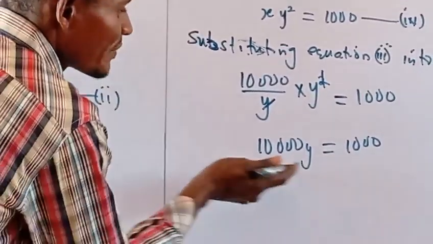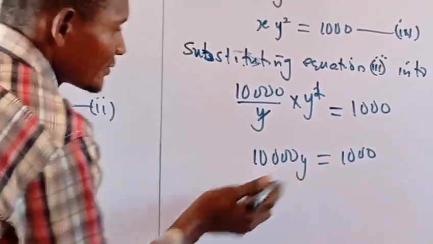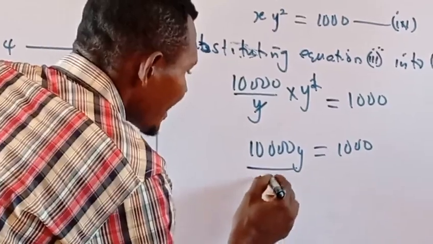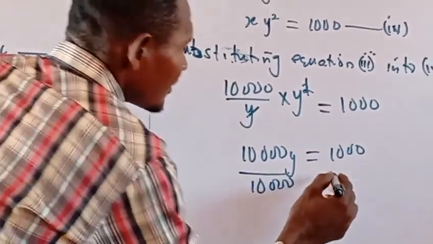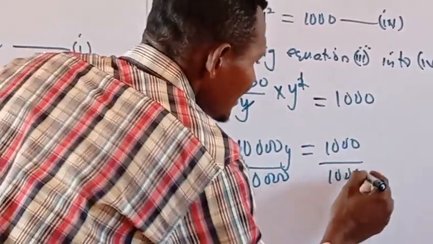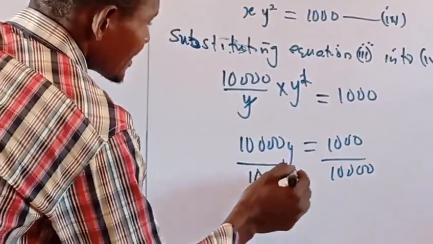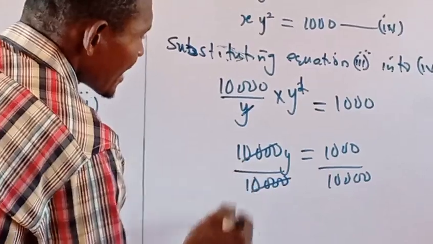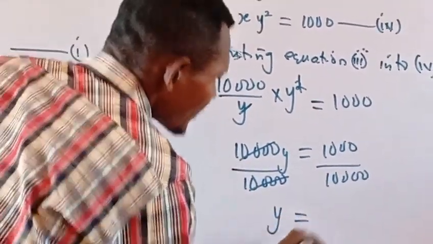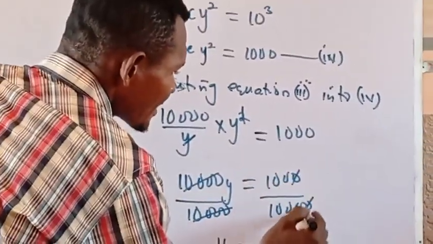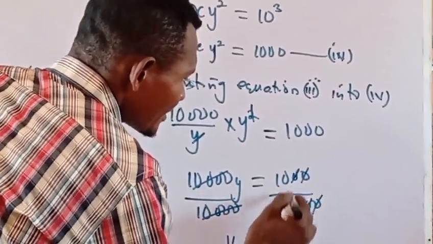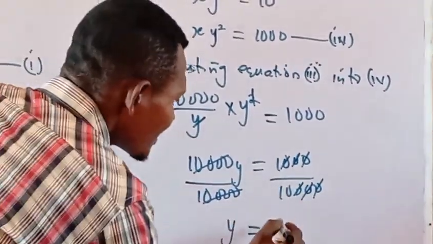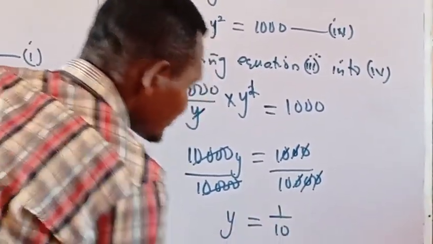So dividing through by 10,000, we divide both sides by 10,000. This 10,000 will cancel 10,000. We are left with y is equal to, this will cancel, so you are left with 1/10.